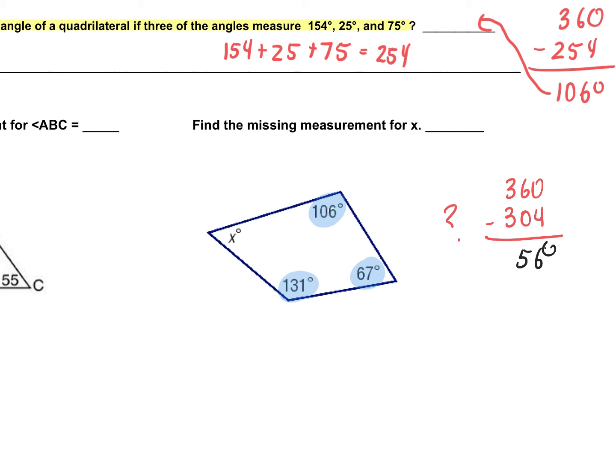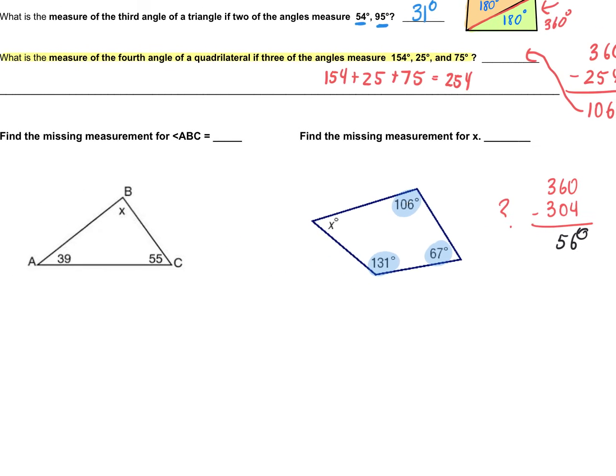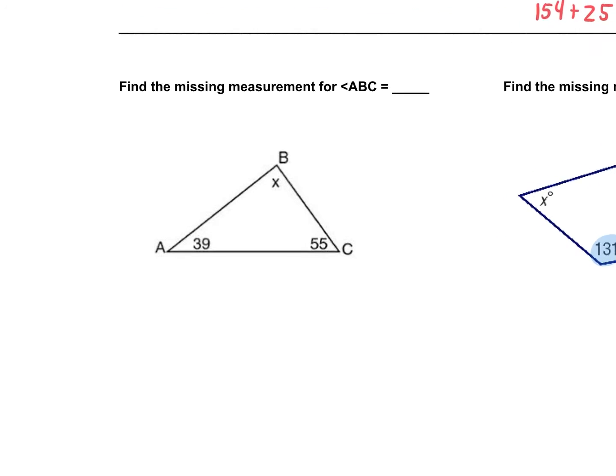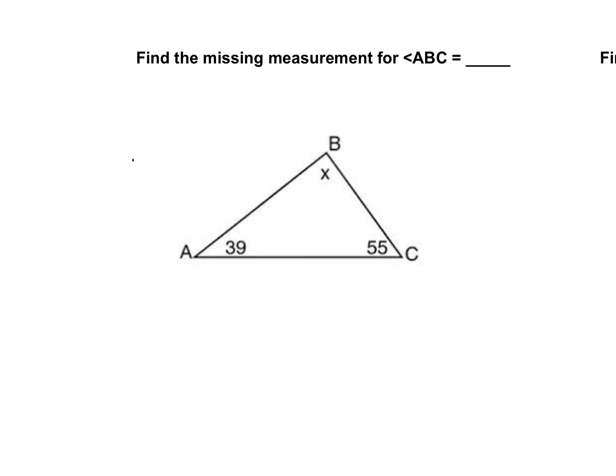Once we subtract, we get 56 degrees for that missing angle measurement. Here, tell me, what did you get for your missing triangle measurement? You should have gotten 84 degrees here for your missing angle measurement. And remember, we name this angle here with the vertex in the middle, angle ABC.